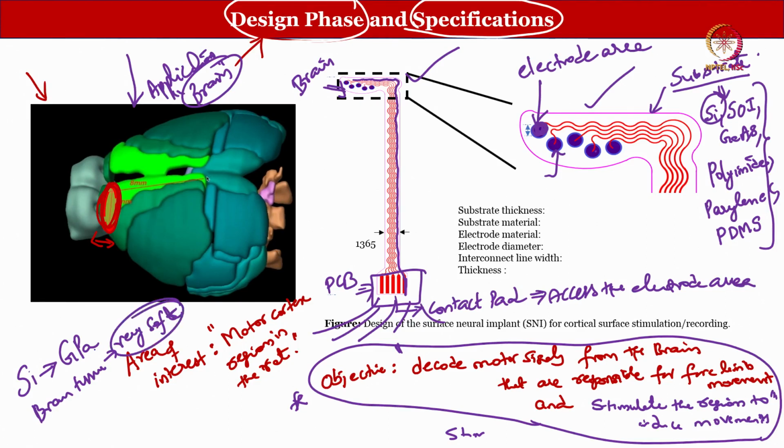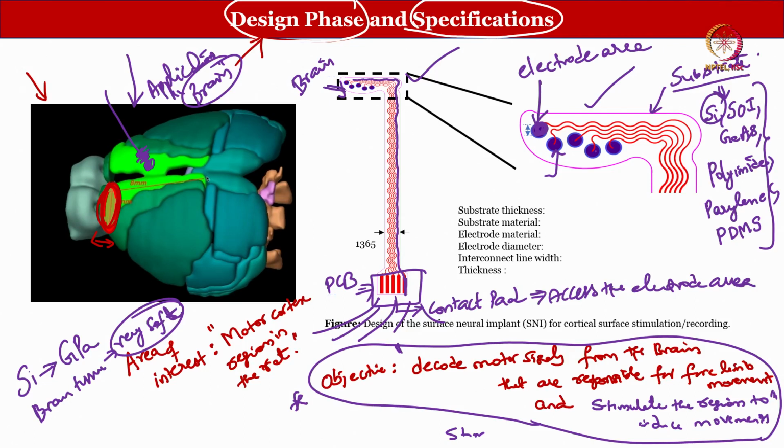When you put a harder material on a softer material, it is going to rupture it, and it has to be there for a long time. Whenever the rat moves, it is going to rupture the nearby tissue. Because of that, there is something called glial scar formation, which means you end up damaging the tissue, and you do not have access to the tissue, because the scar layer has already formed, and the recordings will not be proper.